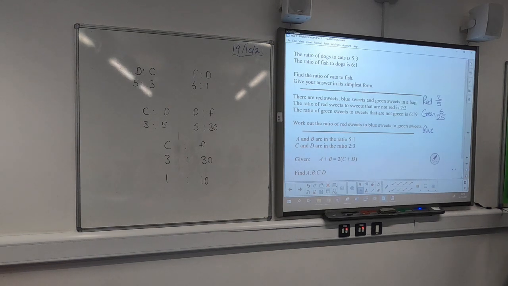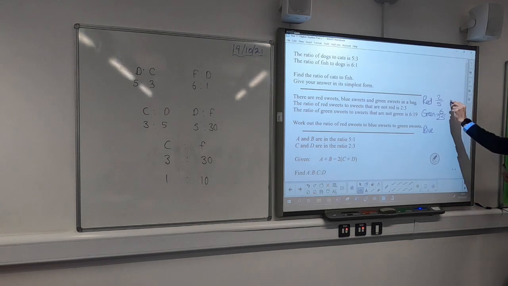So this is a fraction addition sum really, because if I can add those two together, whatever's left will be the blue sweets. Now of course, Bradley, if this was on a non-calculator paper and I wanted to add these two fractions together, what would I have to do to enable me to do that? You times the red sweets by 5.